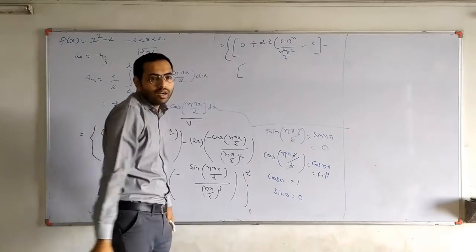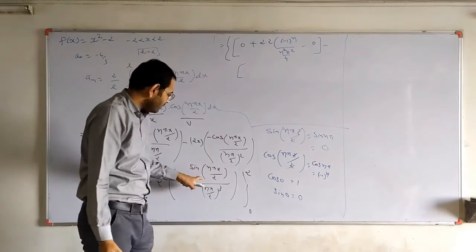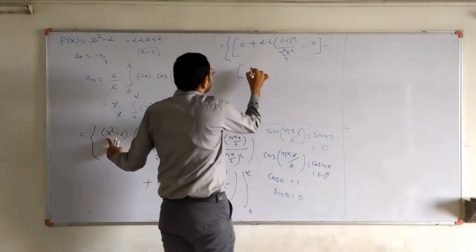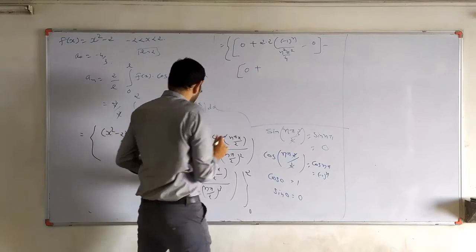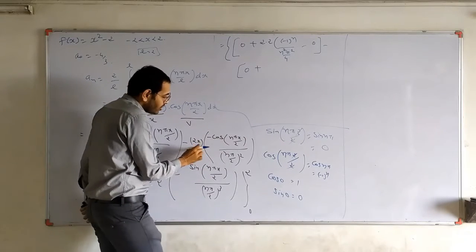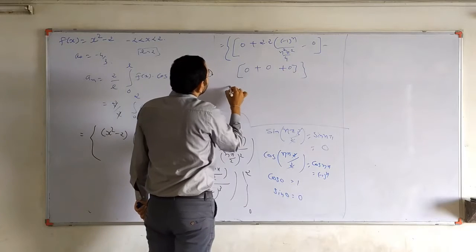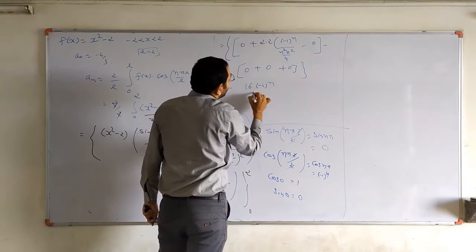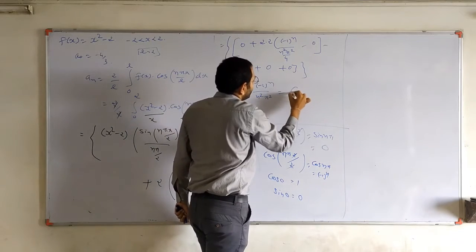We cannot find the value of this term because it is 0. Then substitute 0: sin 0 is 0, minus minus plus, replacing x with 0, 0 times anything is 0, sin 0 is 0. Then we get 2 twos are 4, 4 fours are 16, (−1)ⁿ over n²π². That is the value of an.